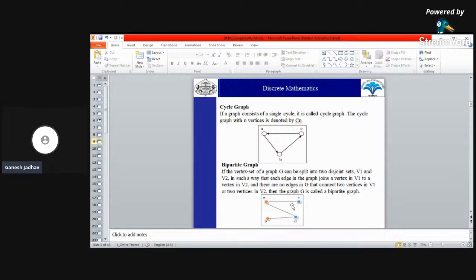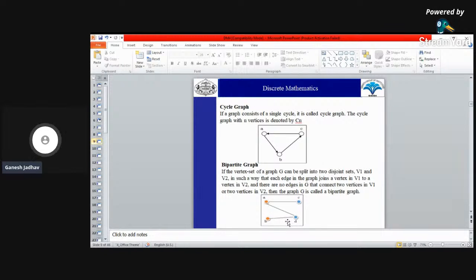They are not connected within themselves. A is not connected with B, and D is not connected with C, but each connects with both vertices of the other set. Get it now? D is connected with A and B, and A is also connected with C and D.